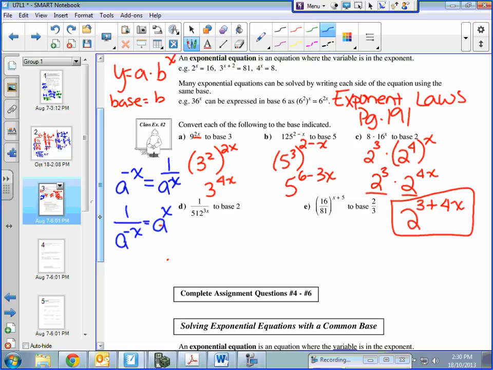Okay? So knowing that, can I write 1 over 512 with a base of 2? So I don't want 2 on the denominator. I want a base of 2. 2 to the exponent what is 512?